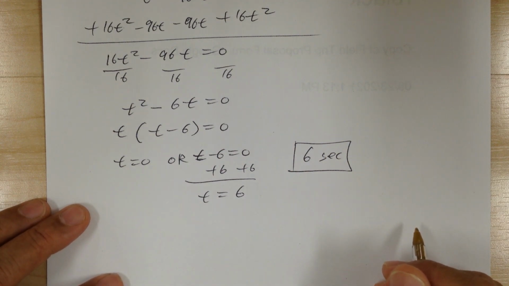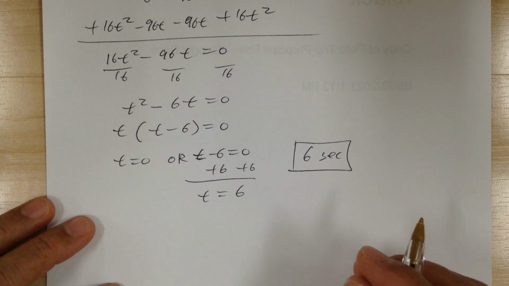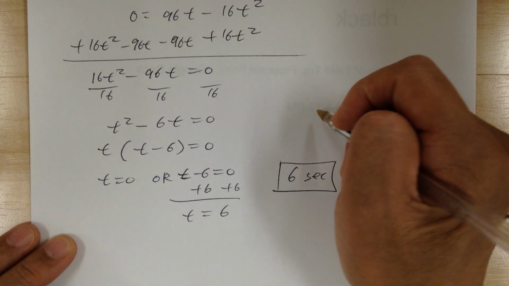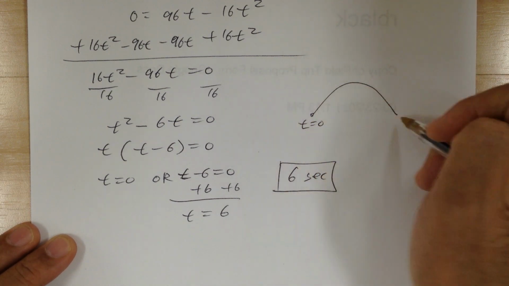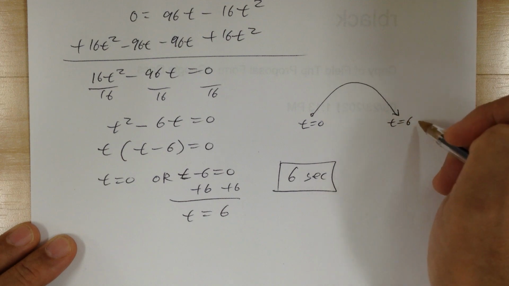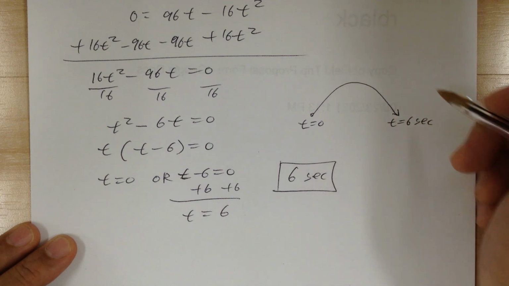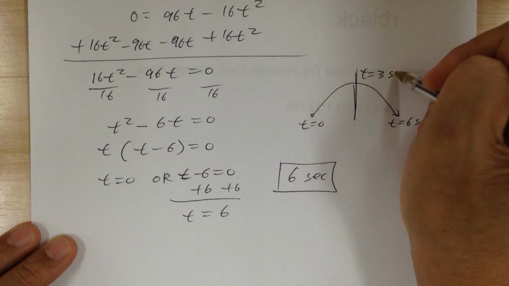Now part B, how high does the ball go? Well, notice when it's hit, this is T equal to 0, and when it comes back down, it's been in the air for 6 seconds, T equal to 6 seconds. So the maximum height is going to be halfway in between, when T equal to 3 seconds.